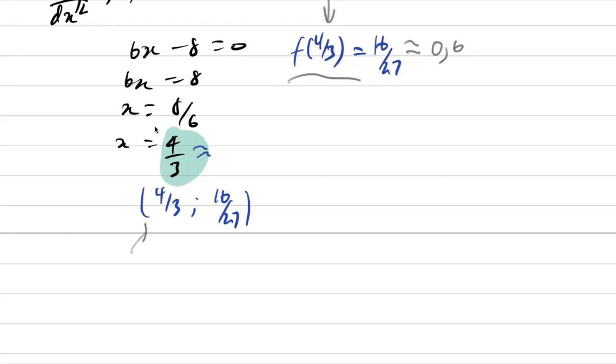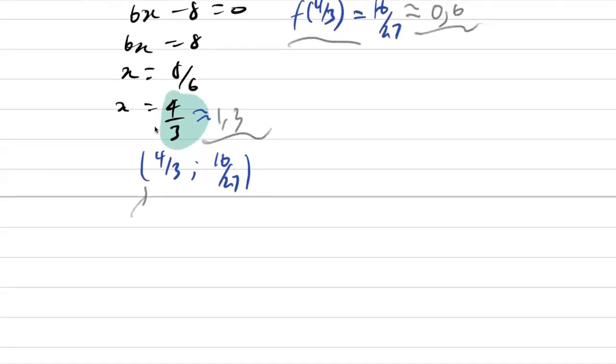Yeah, it's 1.3, 1.3 something. Okay, so we have those values just so we can know where they are in a graph.